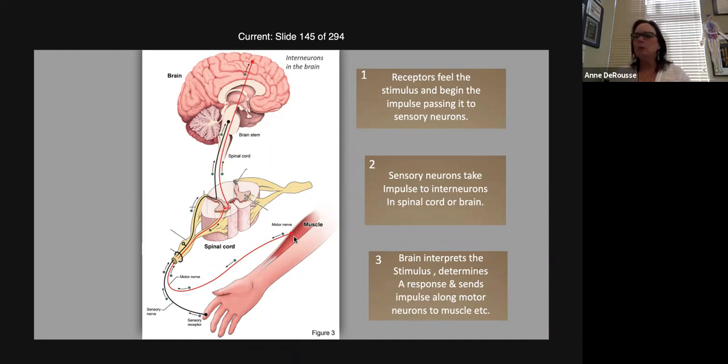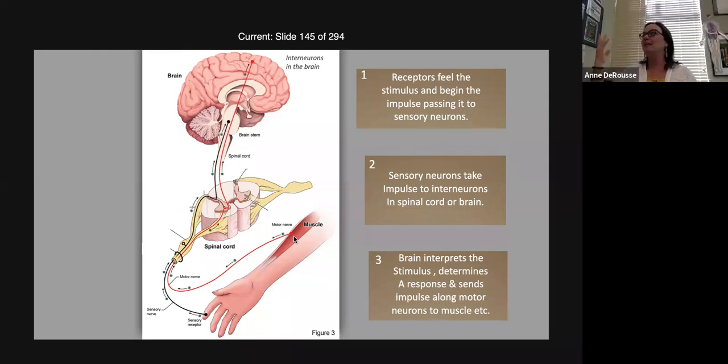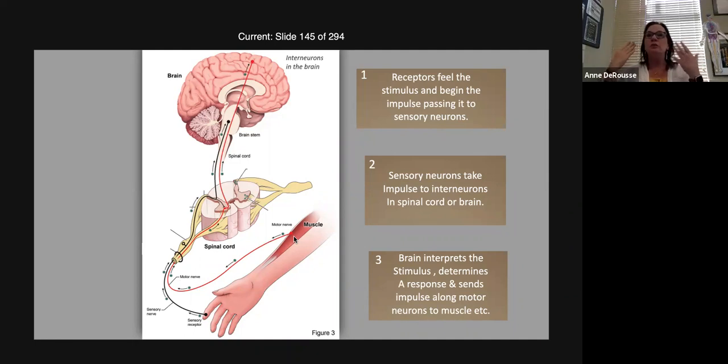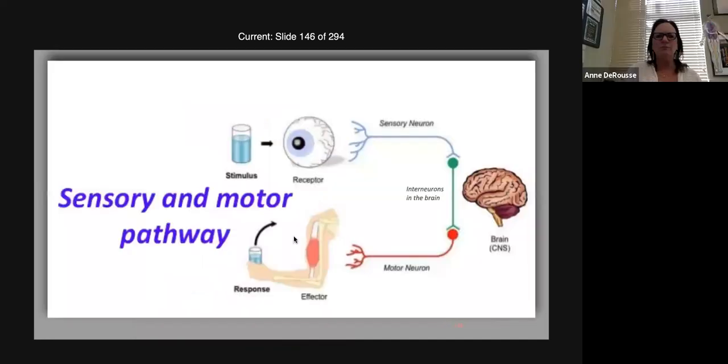Like if you really stub your foot and it pulls back, or the doctor taps your knee and it kicks, and you're not even thinking about it. That's a reflex. So this was definitely one that was analyzed, and you're right, because your brain was saying, is that one or two? Good question.